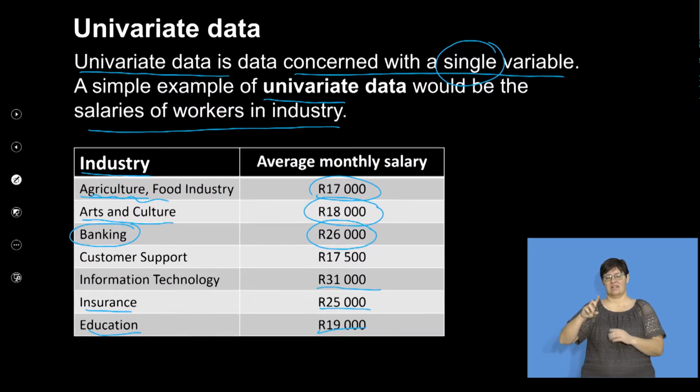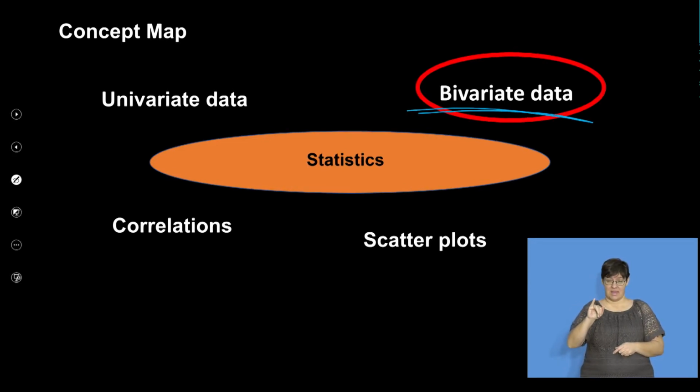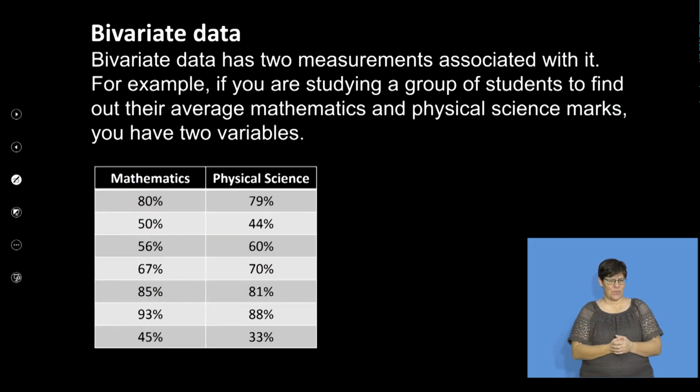Then what about bivariate data? So bivariate data will differ from our univariate data. How does it differ? Bivariate data has two measurements associated with it.